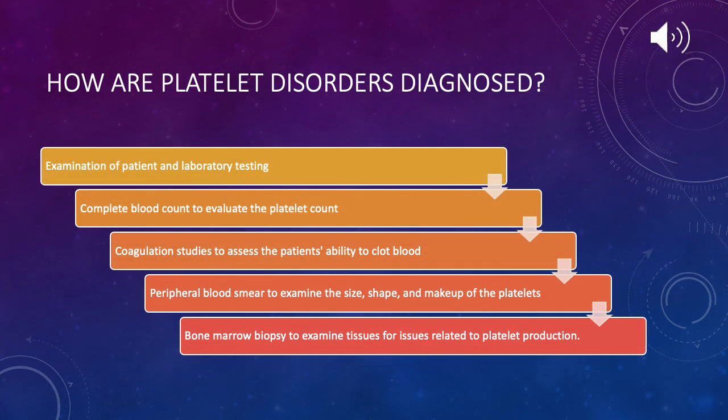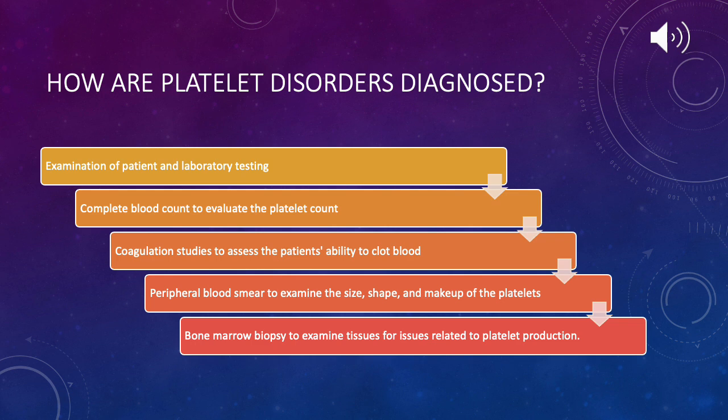How are platelet disorders diagnosed? Primarily, platelet disorders are diagnosed by a combination of physical exam and laboratory testing. We'll talk about the signs and symptoms that a patient may exhibit in a second. But the most common lab test used to diagnose platelet disorders is a complete blood count.